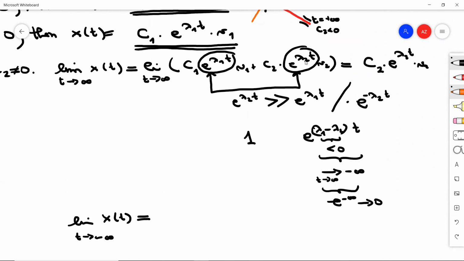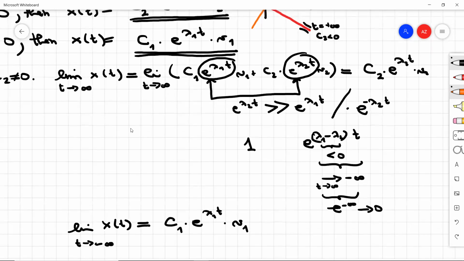Lambda 2 is bigger than lambda 1, so lambda 2 times t will be more negative than lambda 1t, and so this part will disappear, because it will fall much quicker than lambda 1t. This means that when t goes to minus infinity, the solution will behave like C1 times e to the power of lambda 1t times V2, V1, sorry.